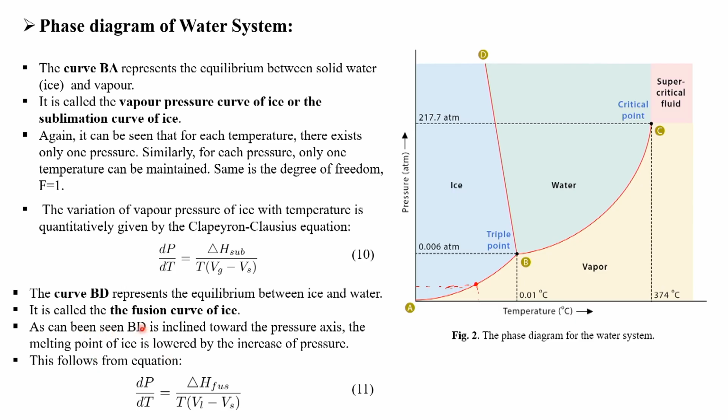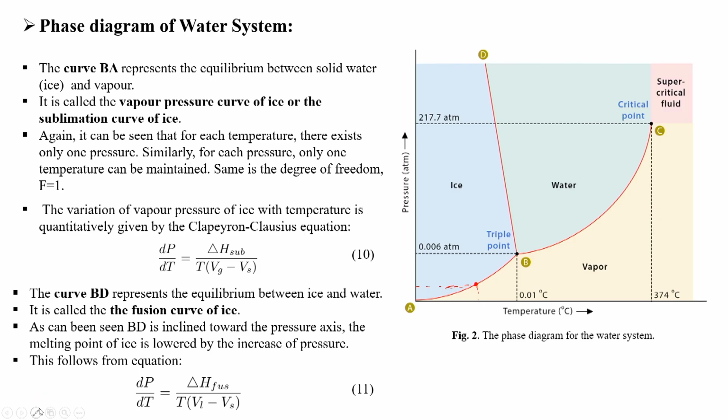As can be seen, BD is inclined toward the pressure axis, and the melting point of ice is lowered by the increase of pressure. You see it is inclined towards your pressure axis, or y axis here, right? So it means that the melting point of ice is lowered by increase of pressure.